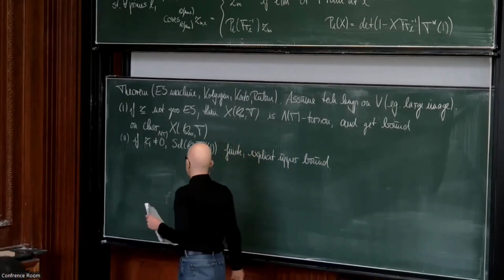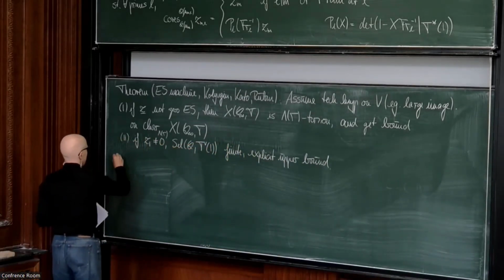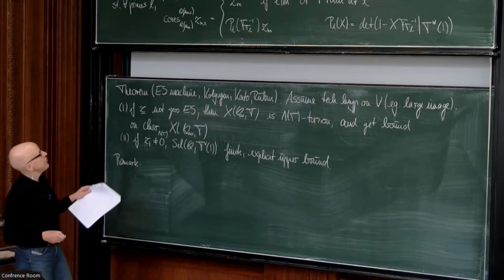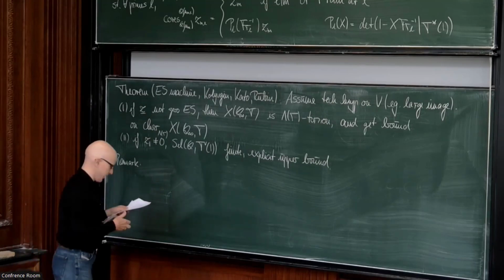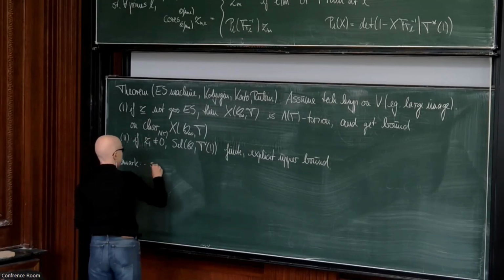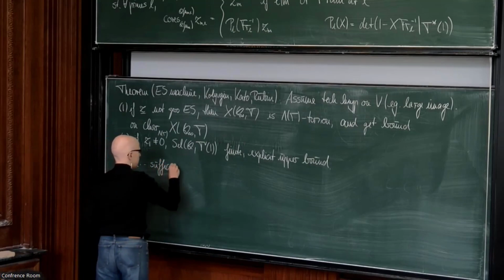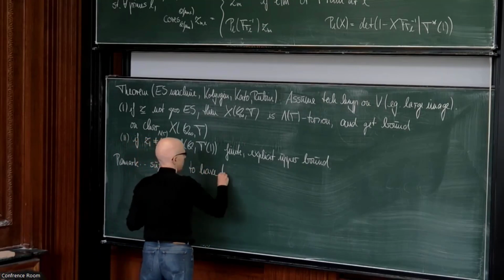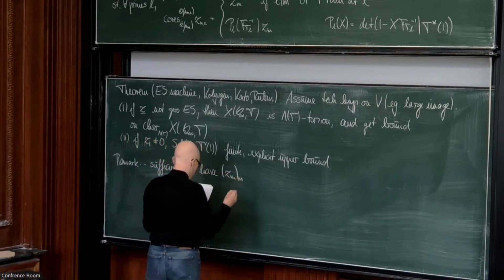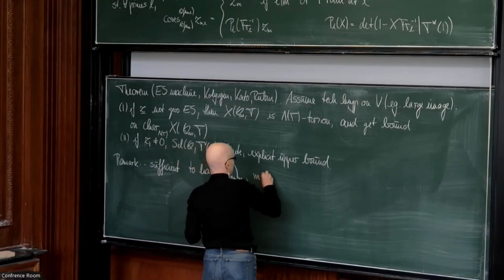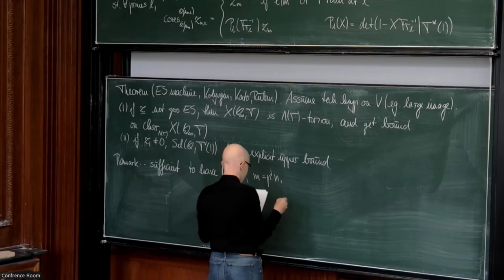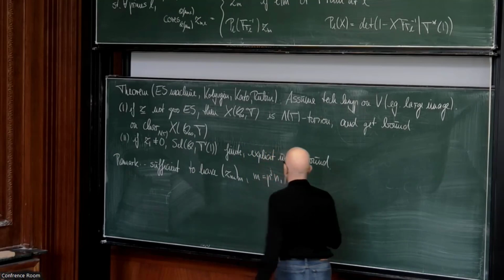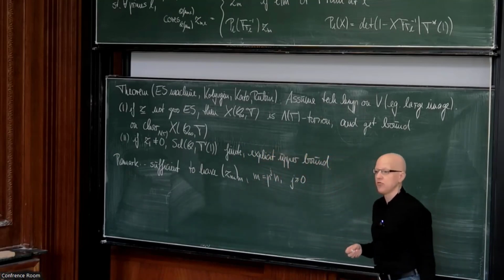Okay, so I want to make a few remarks here, which will be important in what follows. Namely, it turns out we don't really need classes defined over all the cyclotomic extensions. It is sufficient to have Euler system classes where m is of the form p^j times n, where j is any integer greater or equal to 0, and n is a square-free product of primes which are congruent to 1 mod p.